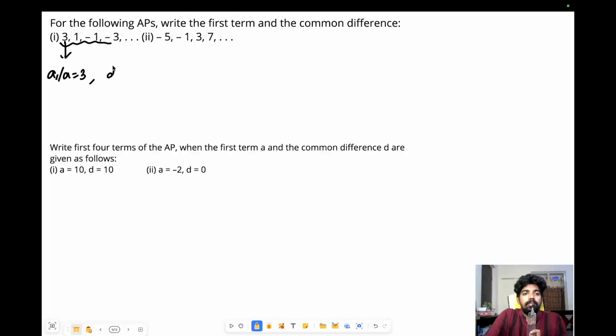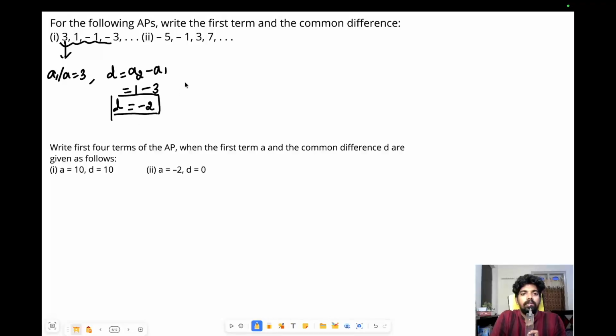Common difference is nothing but d. How to find that? This is the second term, this is the first term. Second term minus first term gives you the common difference, that is, the fixed value. So a2 is 1, a1 is 3. 1 minus 3 is -2. So the common difference is -2.